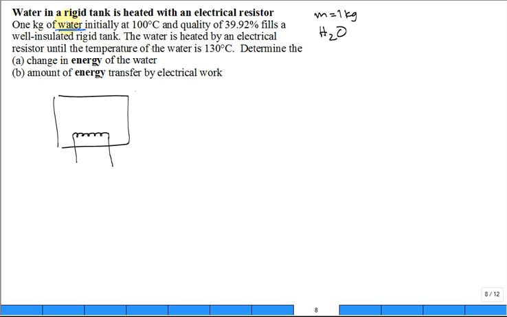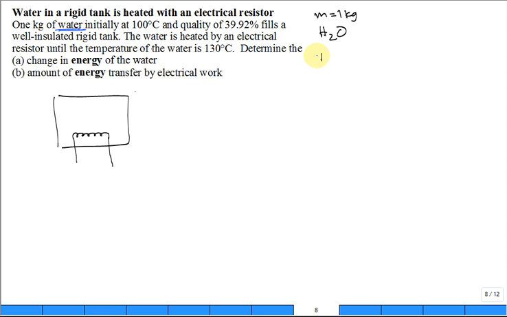It's water. When you hear air, you think either it's ideal gas, you have the air tables. You hear water, what do you think of? Steam tables. You got tables for properties, especially if it's two-phase or slightly superheated. Okay. It's initially at 100 degrees C and a quality of 39.92%.